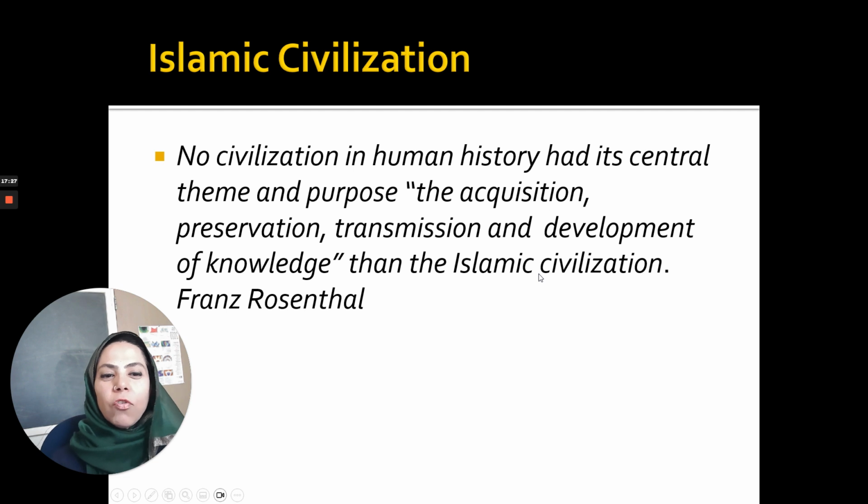So the Islamic civilization revolved around this. That is, acquire knowledge, preserve knowledge, transmit that knowledge and develop new knowledge. So of all the civilizations that ever existed in human history, none had this as its central theme except the Islamic civilization.